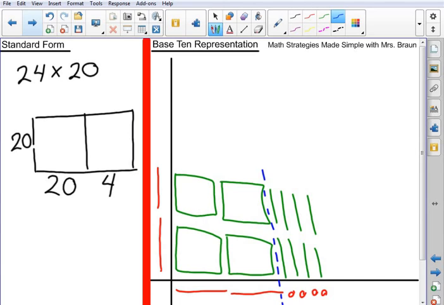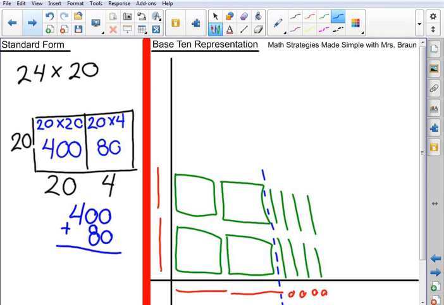So starting with 20 times 20, which gave me the 400s, or 400. Then I moved to the 20 times 4, which gave me the 8 tens, or 80. When I add the 400 plus the 80, I'm going to get 480 as my product.